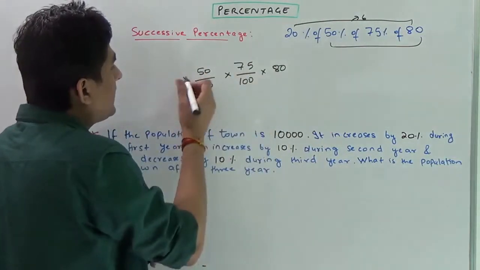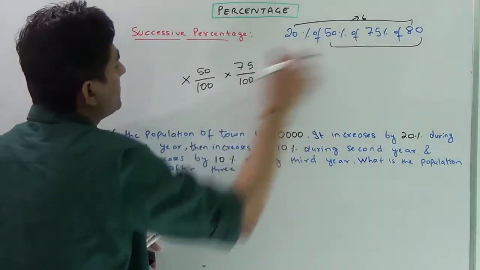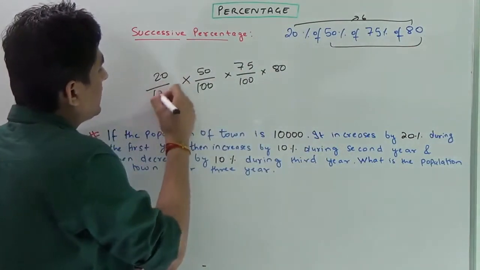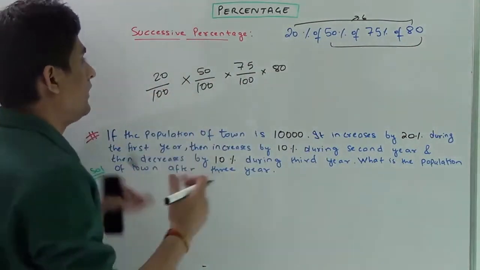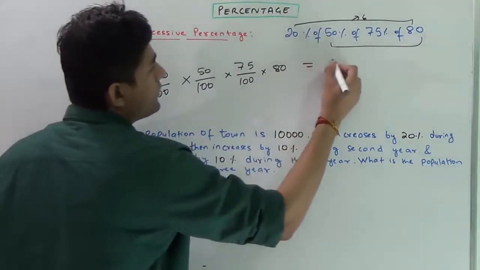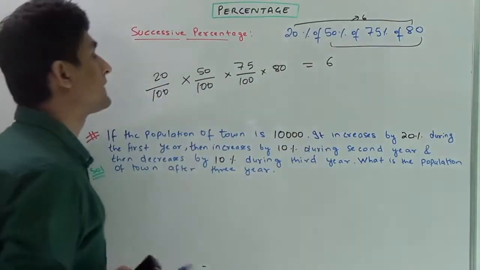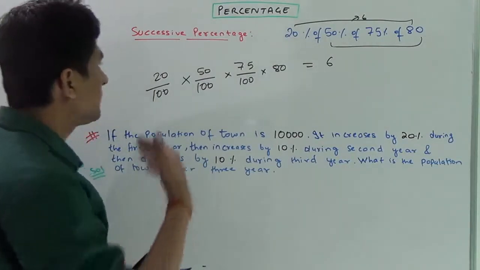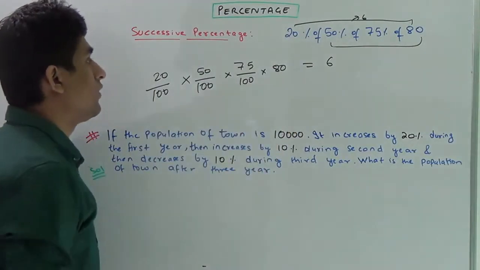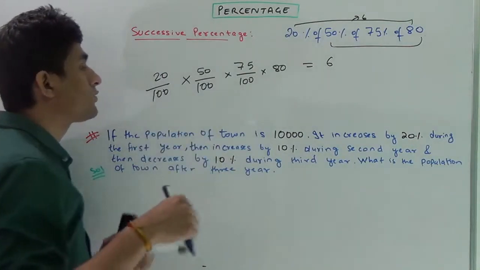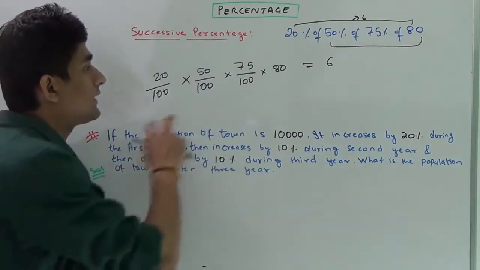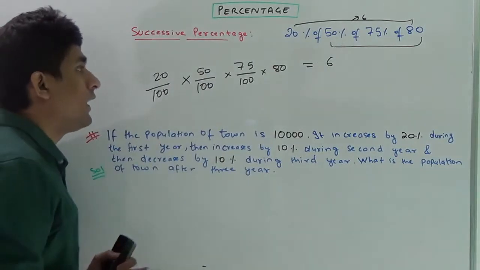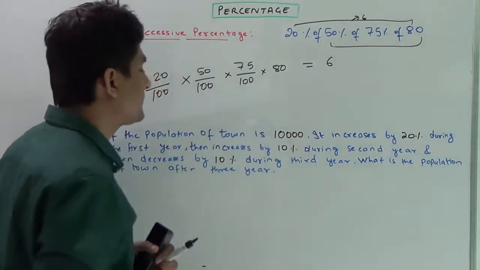Now we have to calculate 20% of this expression, so I'll write it down like this. Now if you solve this equation, the answer will come out to be 6. And this is the more efficient approach to solve this kind of questions. I recommend that you try to solve all the questions in a single line. That will make you more comfortable in competitive exams.